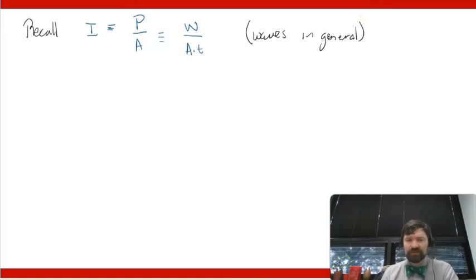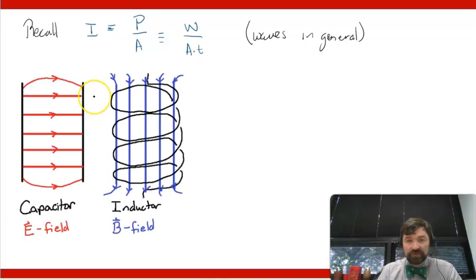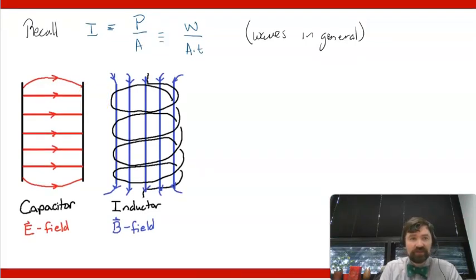So now we have our electromagnetic waves. And for electromagnetic waves, there's another thing that we might recall. That other thing is energy densities that go with capacitors and inductors. The energy density, lowercase u, is defined as the total energy, uppercase U, per unit volume.